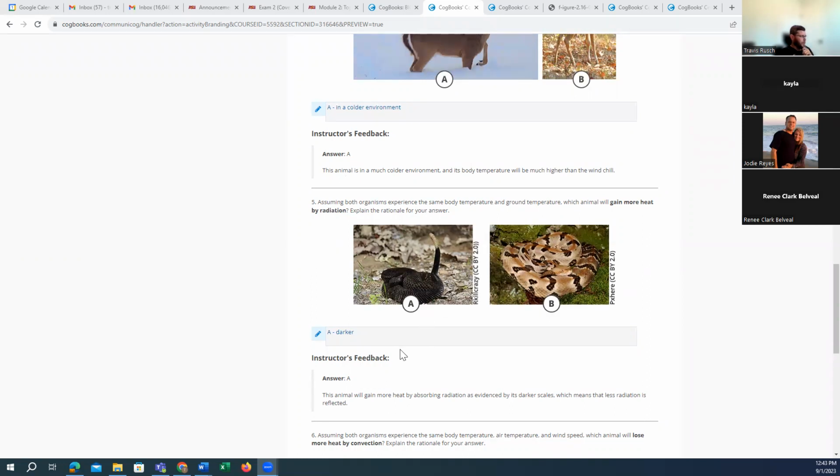So I would argue this would be emissivity again, because emissivity is the level of absorption of radiation, and that differs by color. Darker objects tend to have higher values of emissivity and absorb more radiation than light colored organisms. I think we can all relate to this if we wear a black shirt in the sun versus a white shirt in the sun. We notice we get warmer wearing the black shirt because it absorbs more radiation.